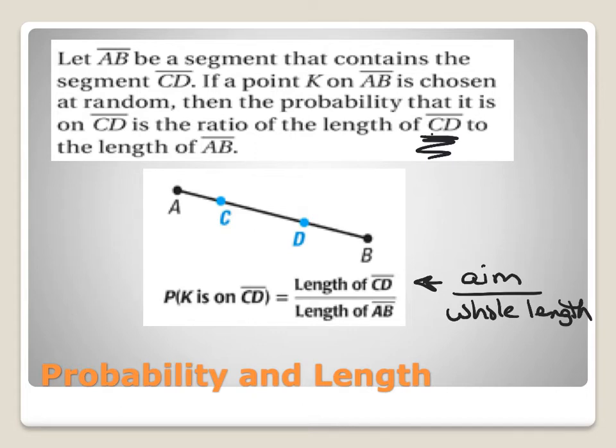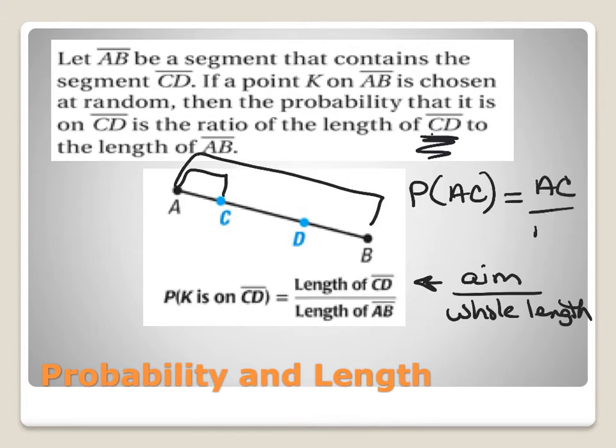Now let's say I said instead, what would be the probability of AC? Then you know that you would put the length of AC over the length of the whole segment. And these would have numbers. So for example, let's say this is 2, let's say this is 5, and let's say this is 4.